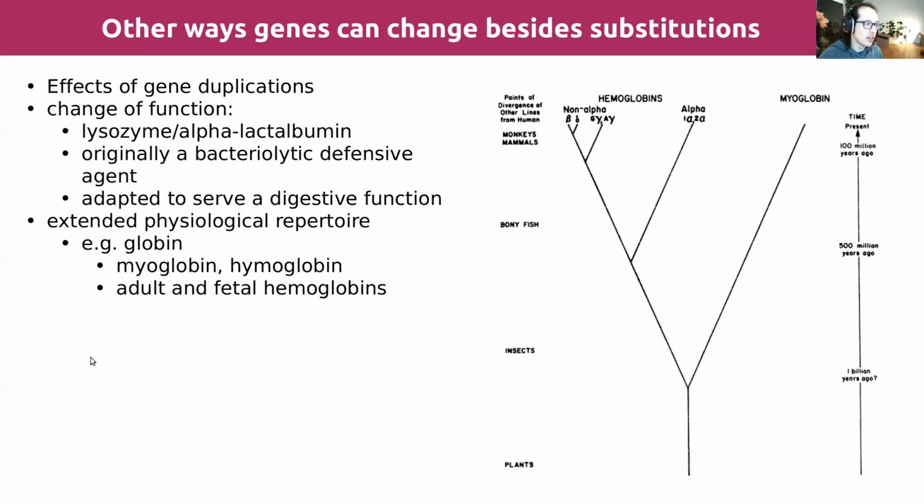So the effect of these gene duplications can be to extend the physiological repertoire, like with immunoglobulins, or also things like the globin family, myoglobin, alpha, hemoglobin, all derived from a single common ancestor, but serving different roles.